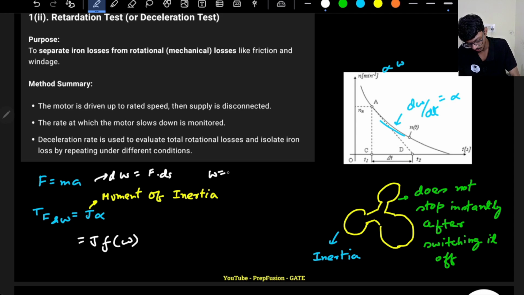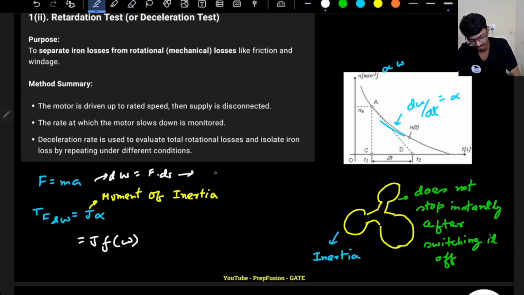So the overall work done will be the integration of dW, which is the integral of F dot ds. This will be the overall work done, correct?